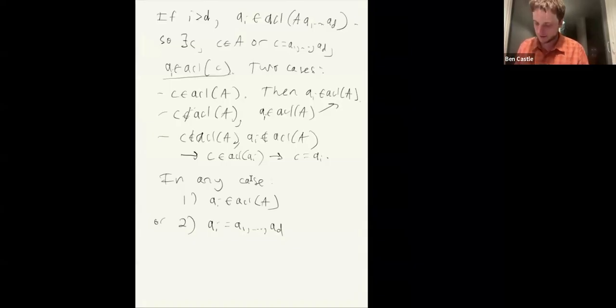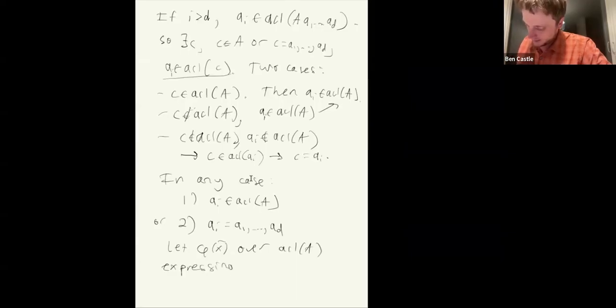Okay, so now take a formula phi of x bar over ACL of A. It has to be over ACL of A because we have this case that it could be in ACL of A. This formula expresses that each xi, for all I bigger than D, is equal to some particular element of ACL of A or is equal to some basis element.